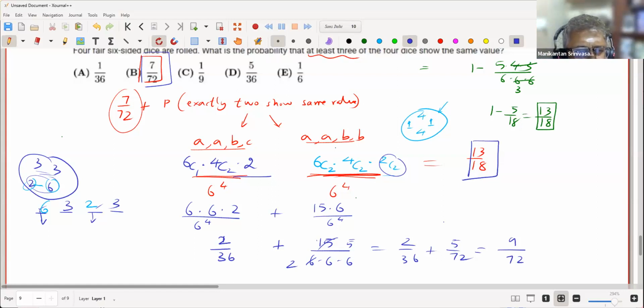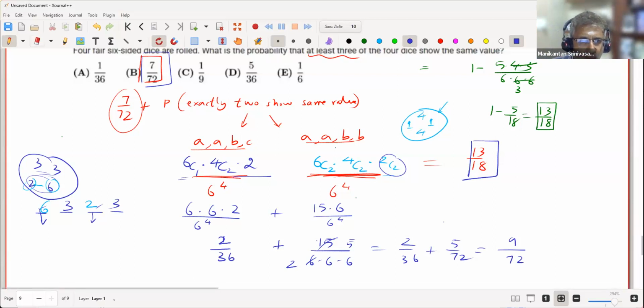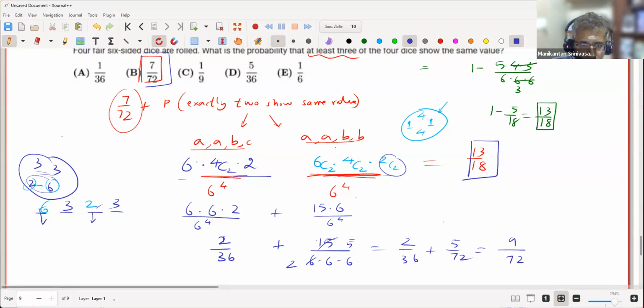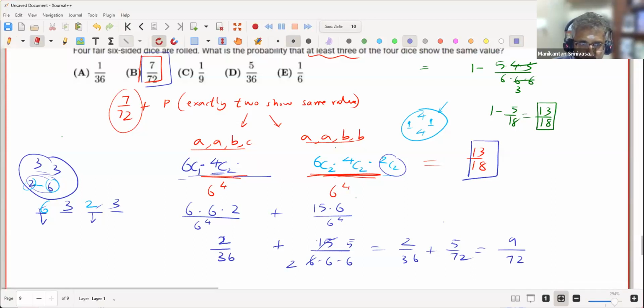Sorry. 6 choose 1. Oh, yeah. So here, I chose what A is. That's 6 choose 1. And then I chose the space for A, which is 4 choose 2. I have not selected B and C, right? That still remains.